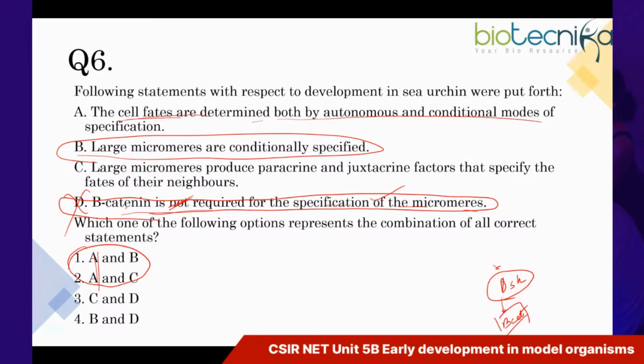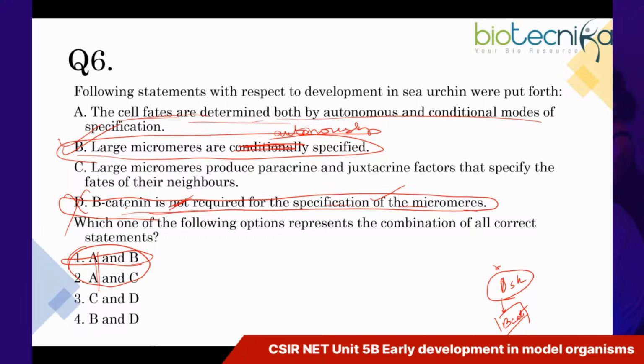It is autonomous only, Vanishri. The specification is autonomous. It is not conditionally specified. And the factor which is required for that autonomous specification is beta-catenin. So B is correct, which means this is the answer.